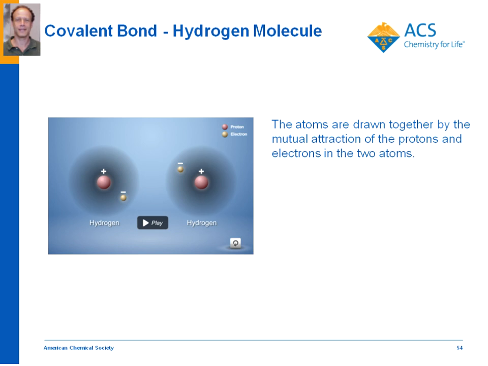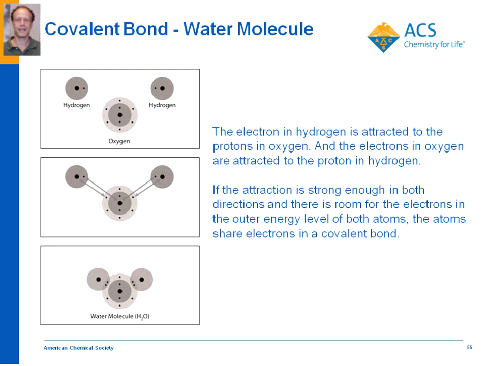Here, let's keep going. And then the classic water molecule, it's really the same reasoning. Why would hydrogen atoms, which are fine on their own, be attracted to an oxygen atom? Same thing. If they get close enough, the electron from hydrogen is going to feel the attraction from the oxygen proton, and one of the oxygen electrons is going to feel an attraction from the hydrogen proton.